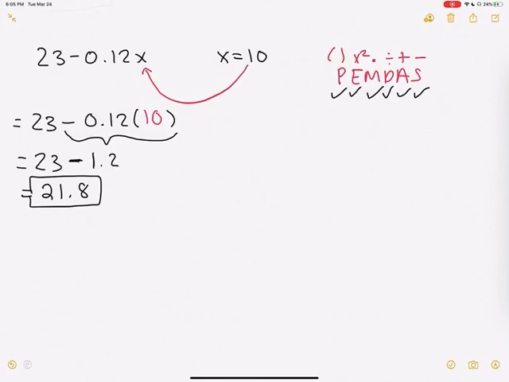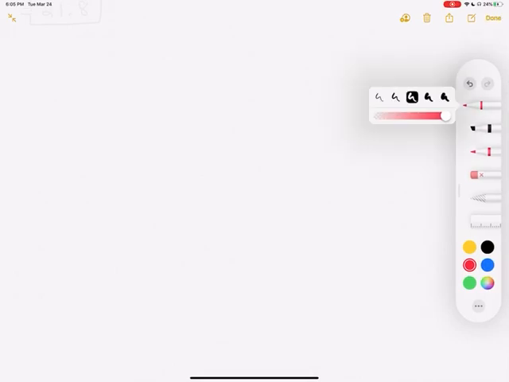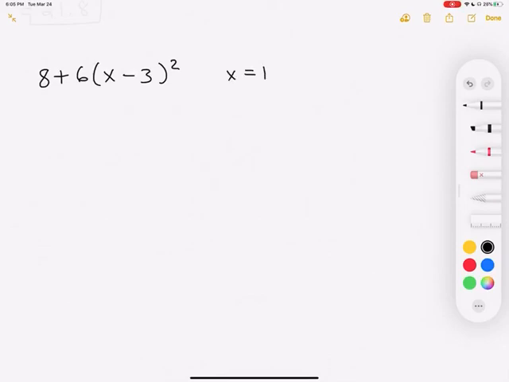Okay. So the last example that I'm going to do, it has all of the operations available in PEMDAS, or most of the operations available in PEMDAS. So this looks like 8 plus 6 times x minus 3 to the power of 2. And we are evaluating this expression for x equals 13.